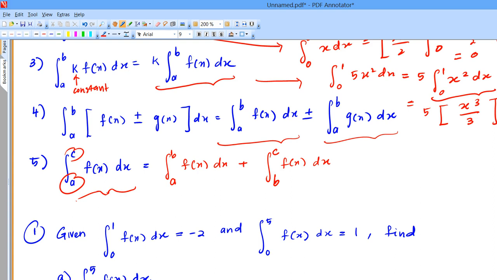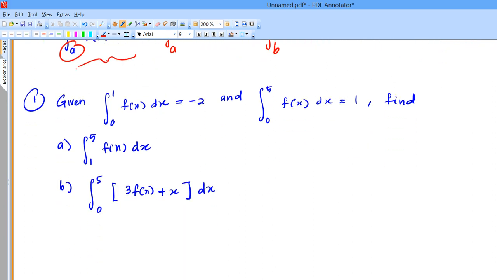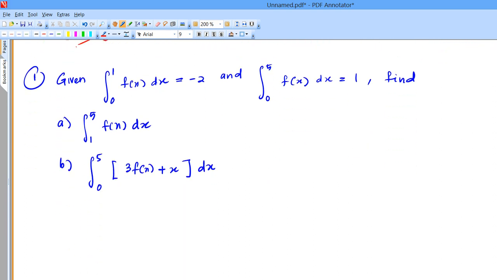Okay, now let's move to the first example. Given integral of f(x) dx. Okay, f(x) here actually refers to function name. Okay, from 0 to 1 is equal to -2, and integral of f(x) dx from 0 to 5 equal to 1. Okay, find a, we have integral of f(x) dx from 1 to 5.